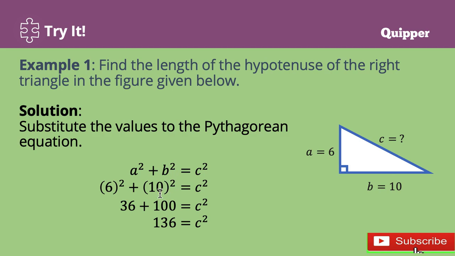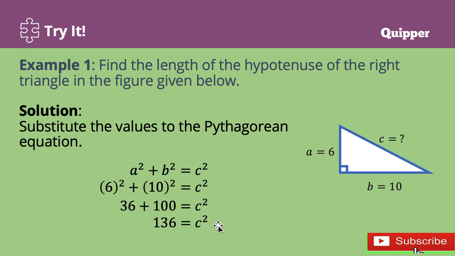So we now have 6 squared plus 10 squared is equal to c squared. 6 squared, that is 36. 10 squared is 100 is equal to c squared. Now, let's add them. 36 plus 100, we have 136, and that's our c squared.